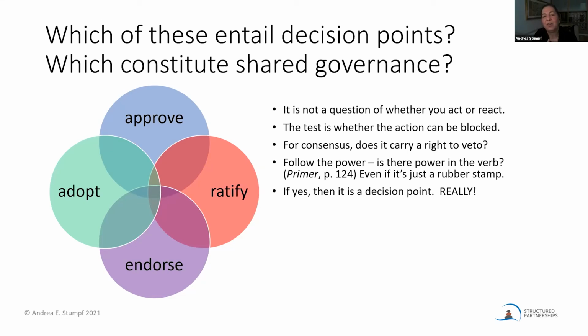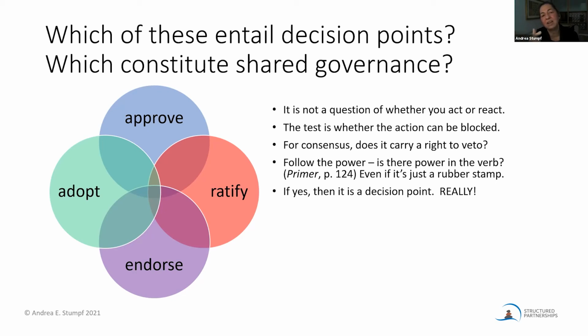And normally when you use the word ratification or endorsement, there is some expectation of power behind that word, behind the verb. Even if it were just a rubber stamp, it still has some meaning to it. So I would take the position that it is still a decision point if you're endorsing or ratifying, and essentially is the same thing as approval.